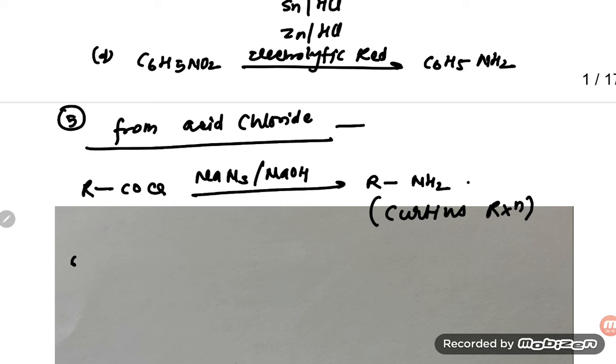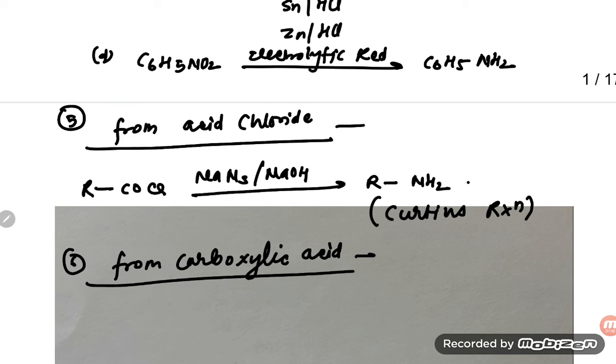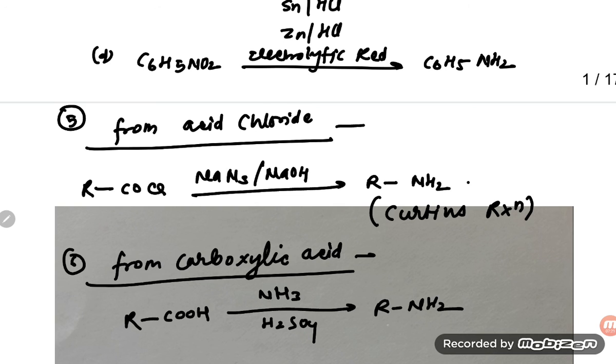Now number 6, from carboxylic acid. If you talk about carboxylic acid, we have RCOOH, and if you treat it with NH3 and also H2SO4, it will give RNH2, students.